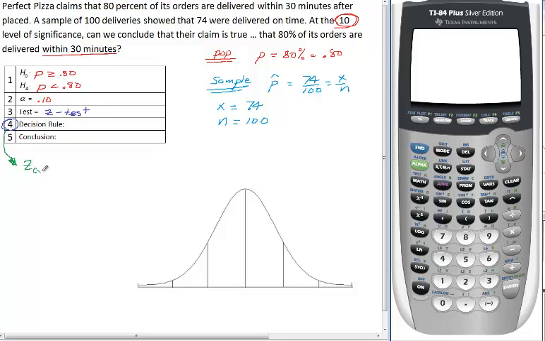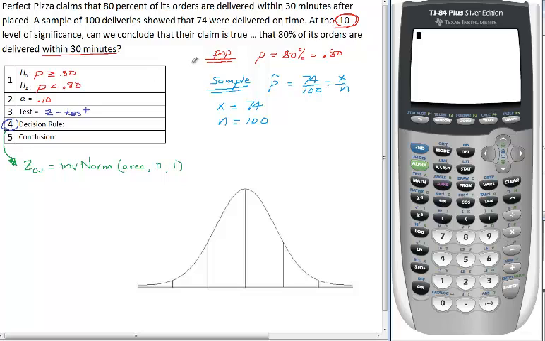So we need to know that z value, which a lot of people refer to as a critical value, and I use CV as a subscript there, and that's found by inverse norm. Okay, again, it's going to ask you for your area, and the mean of a z distribution, which is 0, and the standard deviation of a z distribution, which is 1.